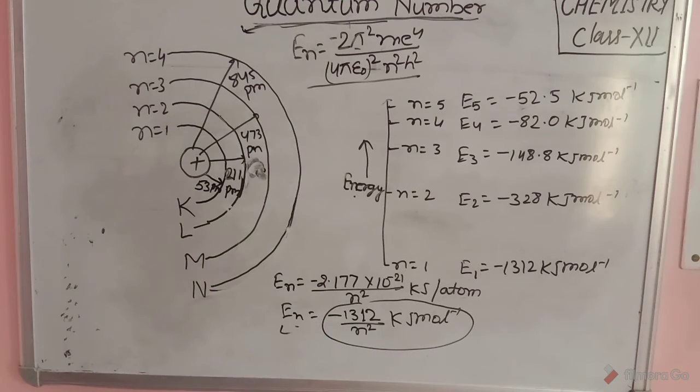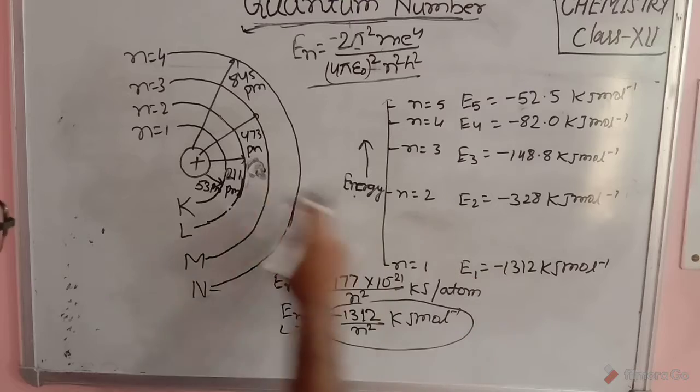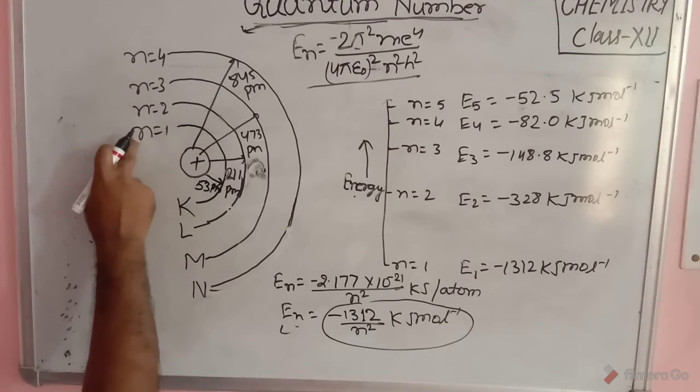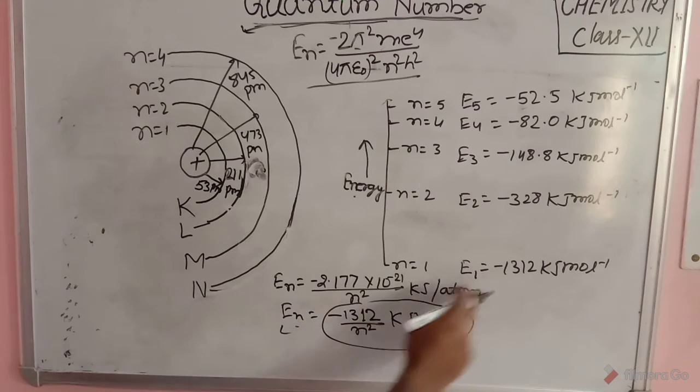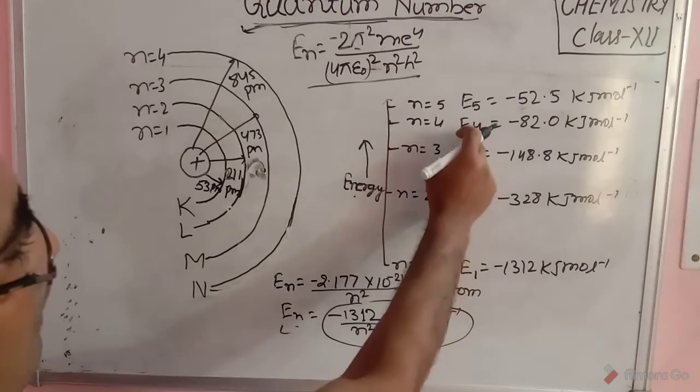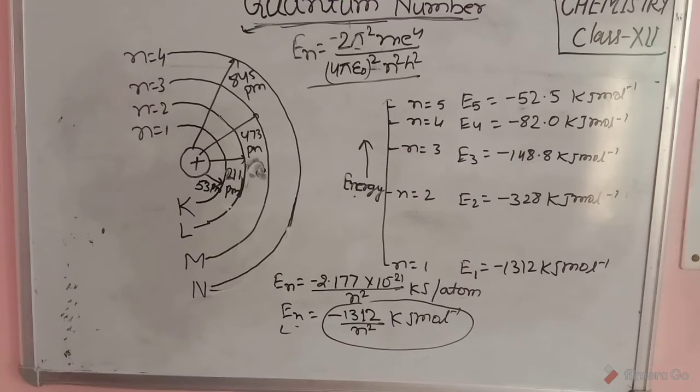So if you are calculating the energy of the first shell, that is if n is equal to 1, it will be minus 1312 kilojoule per mole. For E2, E3, E4 and E5, these are the calculated energy values for various energy levels in a hydrogen atom.